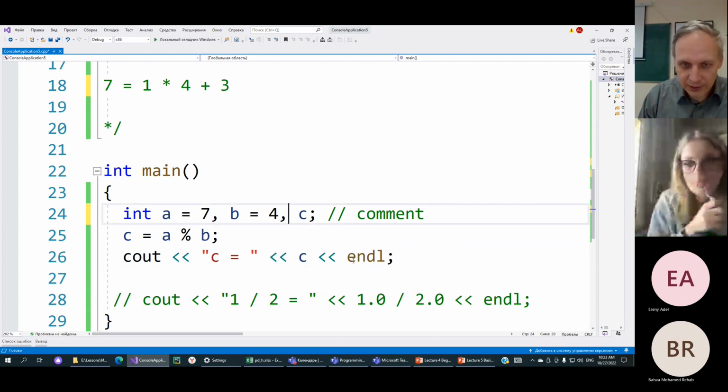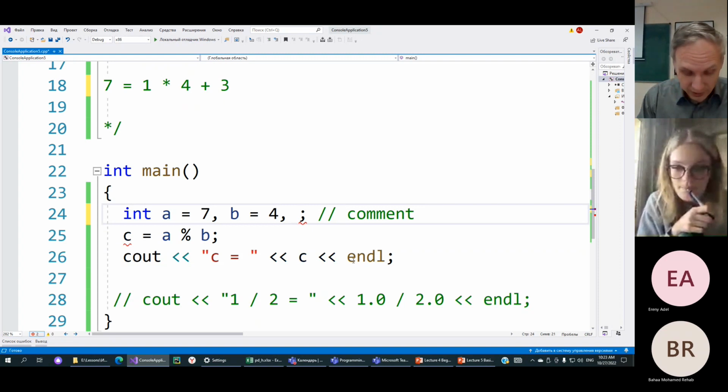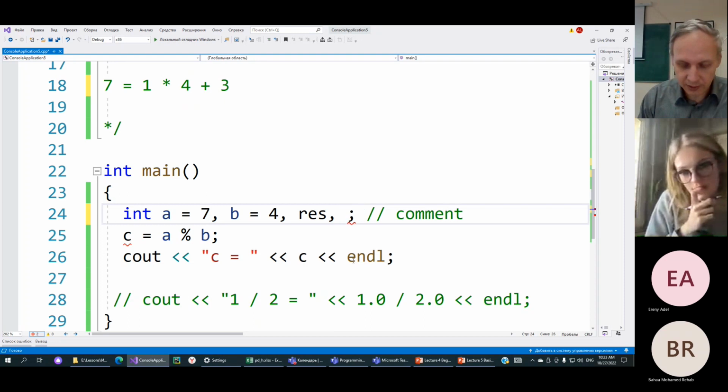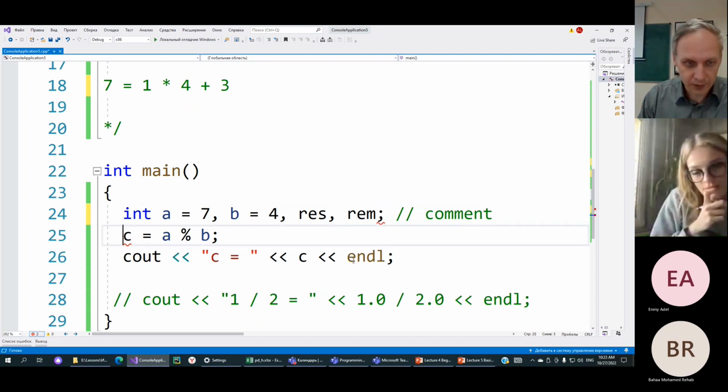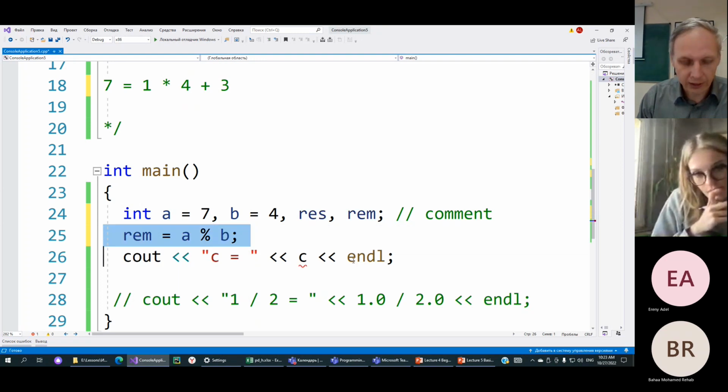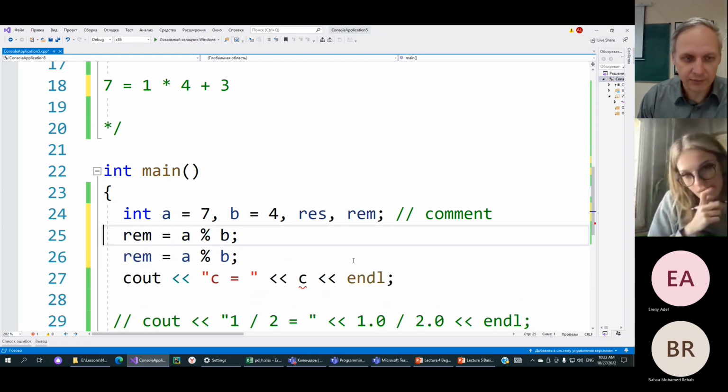But let me here output two numbers, the result and the remainder. The remainder equals A percent sign B, and the result equals A/B.